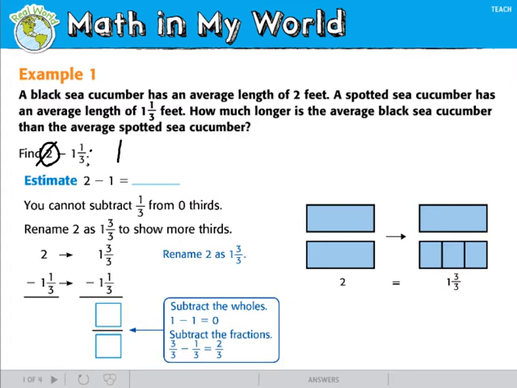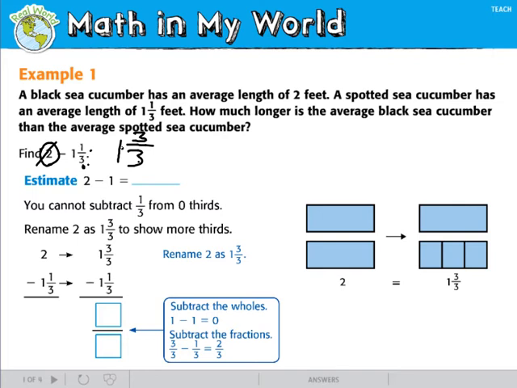So what denominator should the fraction be that I'm going to make the other 1 out of? When I'm subtracting, what do I know about my denominators? They have to be the same. So if I have a denominator of 3 here, I want my fraction to have a denominator of 3. So what do I put over 3 to make it 1? 3.